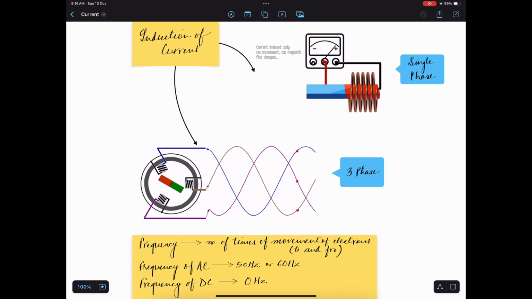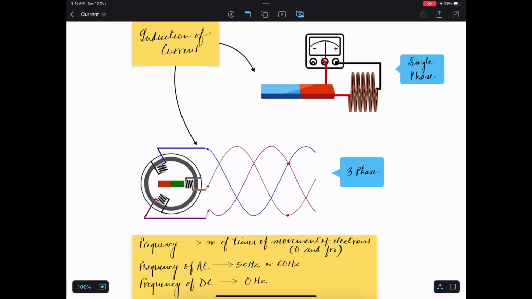Now in alternating current systems, the frequency plays an important part. Frequency refers to how many times the current changes direction per second. It is measured in hertz, Hz. For example, a frequency of 50 hertz means the current reverses direction 50 times per second. In most parts of the world, AC power operates at either 50 hertz or 60 hertz.